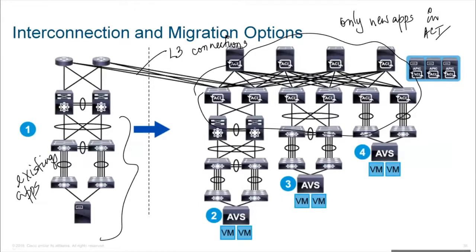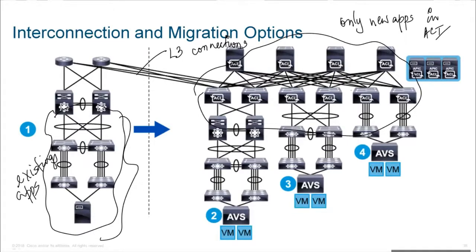Or if you look at the second approach, it's kind of similar. Essentially, the servers here are not at all governed by the APIC policies. Any communication in that pod in the existing data center is solely governed by the existing data center rules.